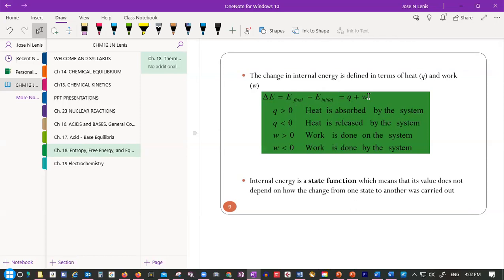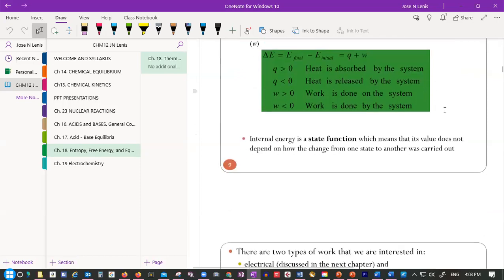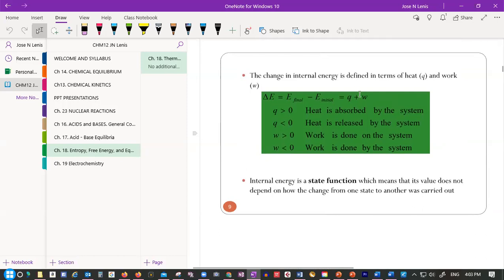So we can say that internal energy of the system can be transferred as heat and work. And we're going to play with these two principles here, these two variables: heat, which is Q, lowercase, and work, lowercase w.